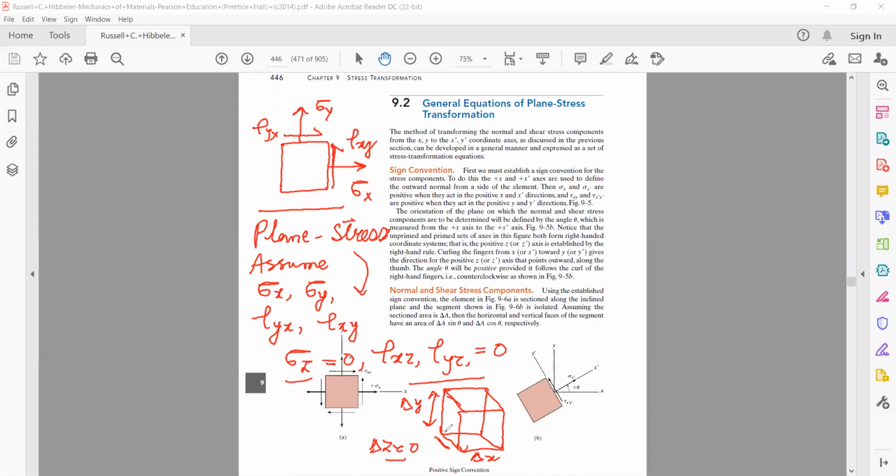That is, the thickness of the element is very small, and there is no normal stress acting along the z-axis, nor any shear stresses along the z-axis. Such a condition of stress is called the plane stress condition.